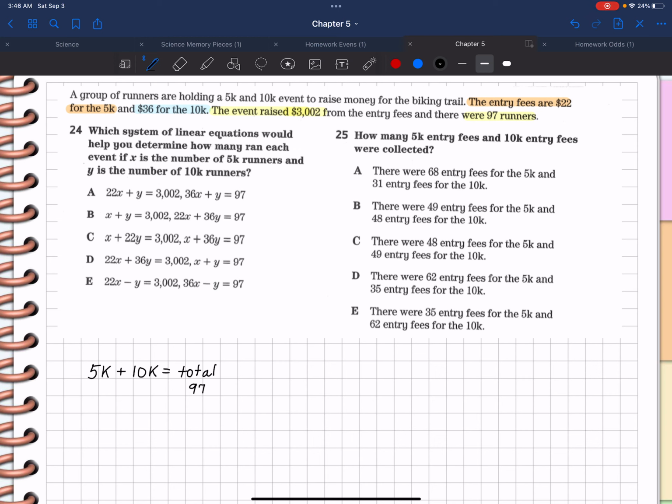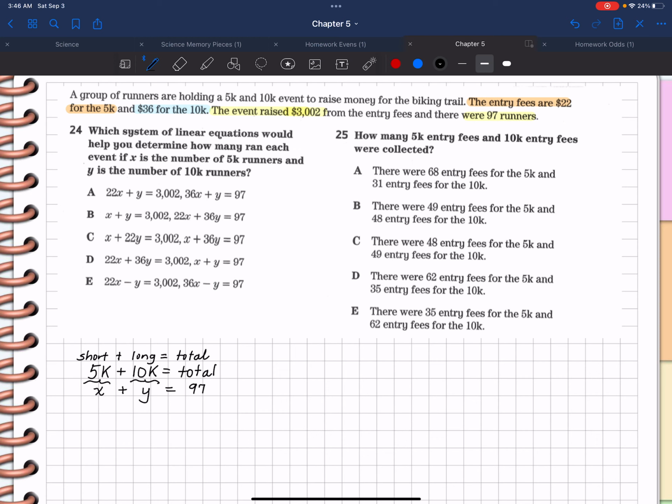Now they said to let the x be the 5Kers and the y be the 10Kers. That K is tricky because that doesn't mean anything variable-wise. That means kilometer. So the short race, let's think of it that way. The short race plus the long race are your choices. Those are your variables. And that equals the total number of runners.